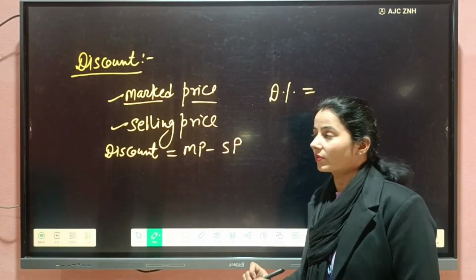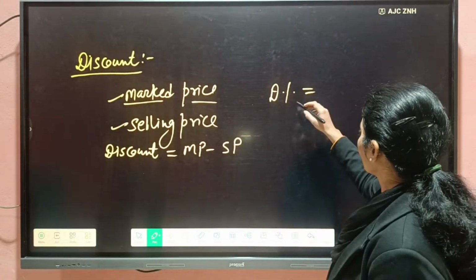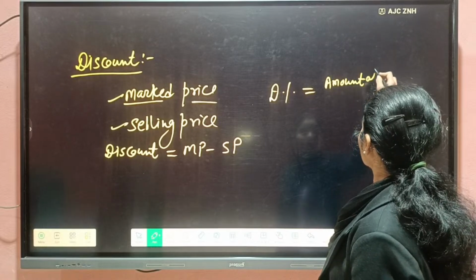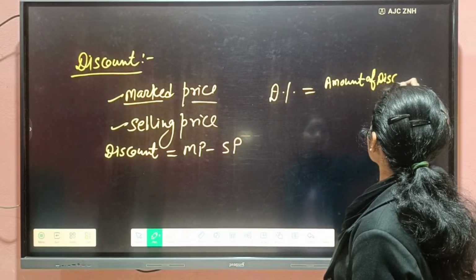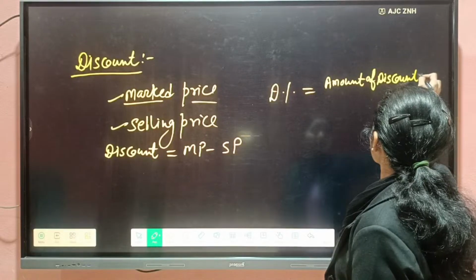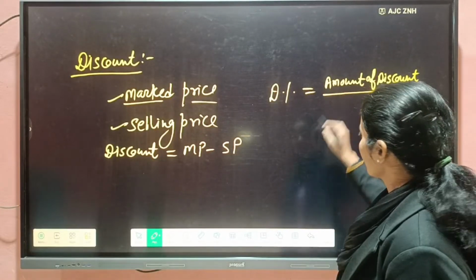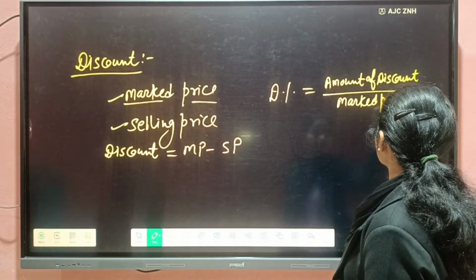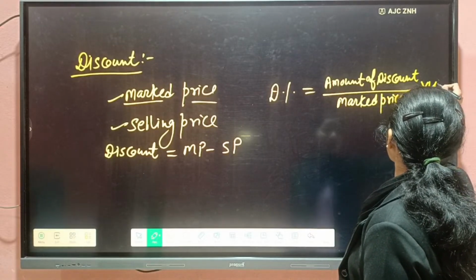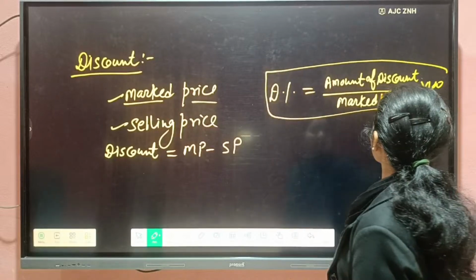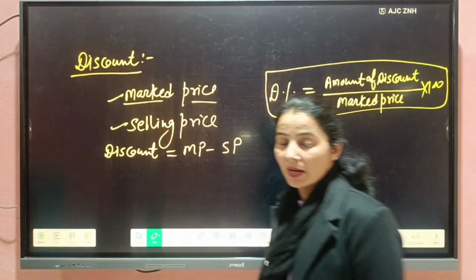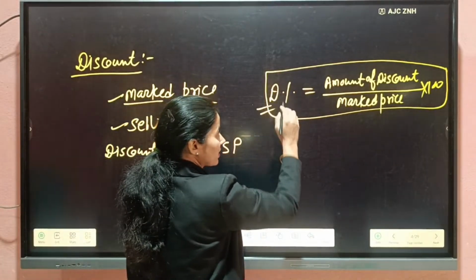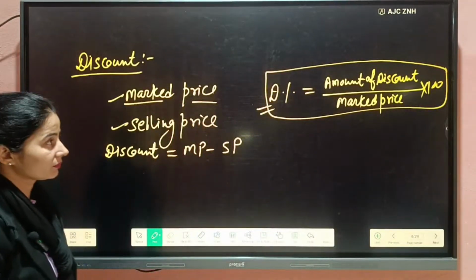It is the amount of discount by marked price into 100. That is the discount percentage.